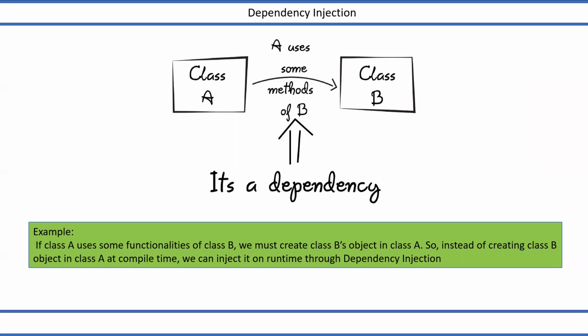If you look at this example, it basically says that when we have a class called class A that is utilizing functionalities in class B, right? Usually what we do is we create an object of class B in class A, and then we use that object to get the information from class B. Now think about it.